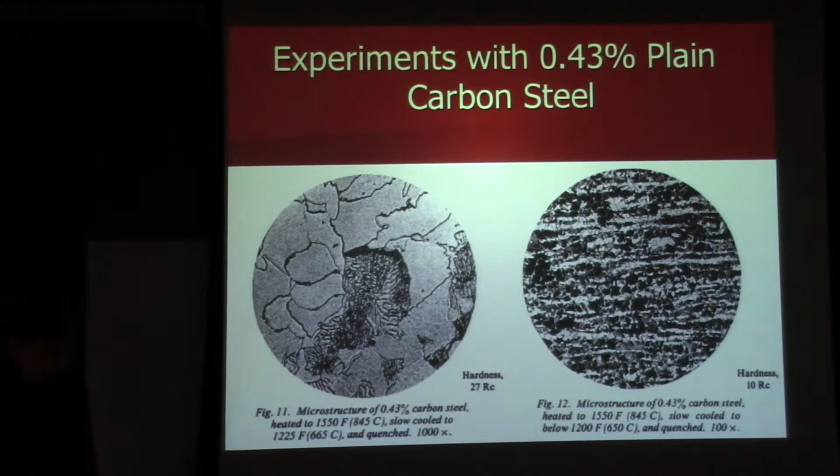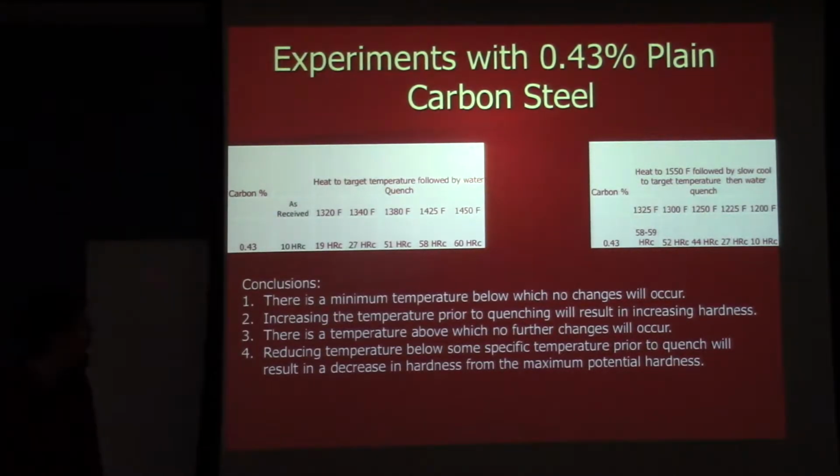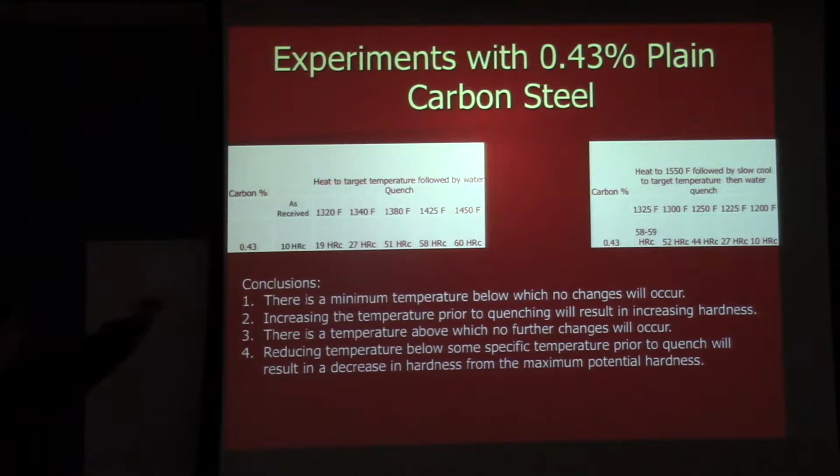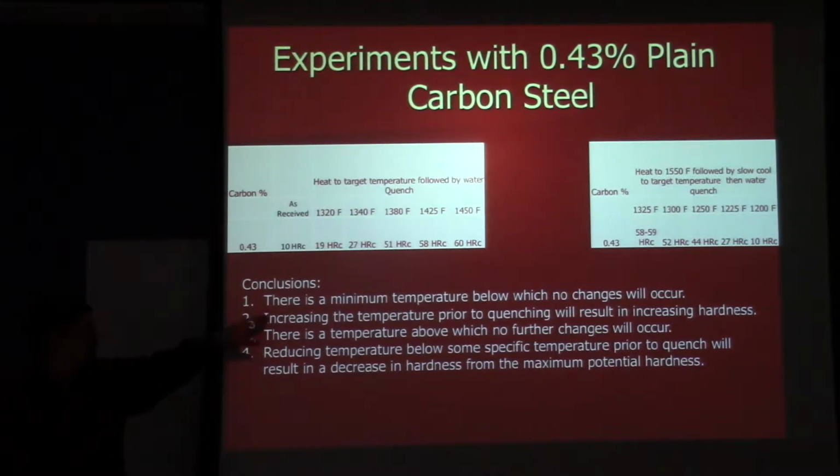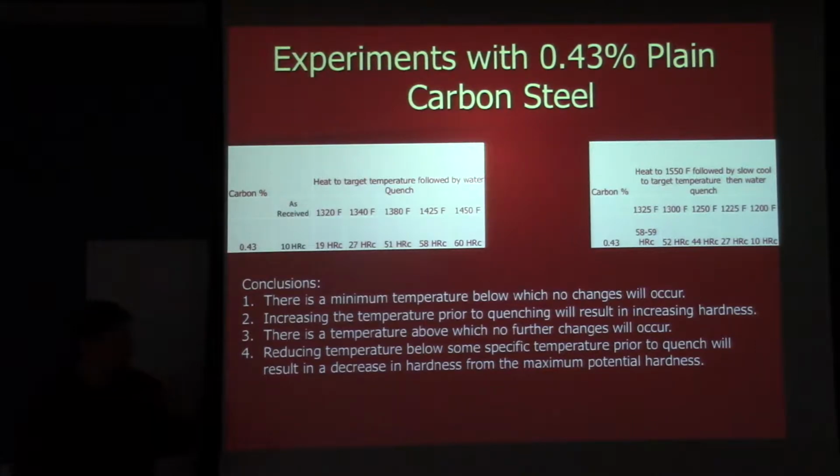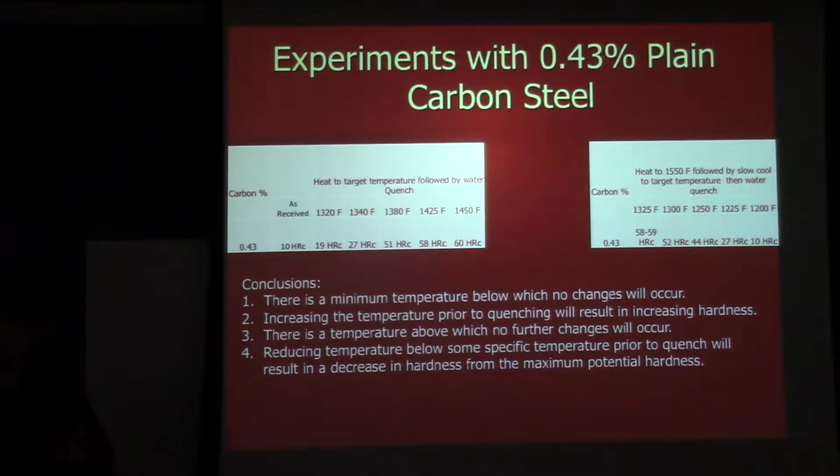That's a 0.43 carbon. So if we summarize what he did, we see that from just this one set of experiments, he determined that there's some minimum temperature below which no changes will occur. That's to say, if you heat to 1100 degrees and quench, you're not going to get any changes in the structure or the hardness.